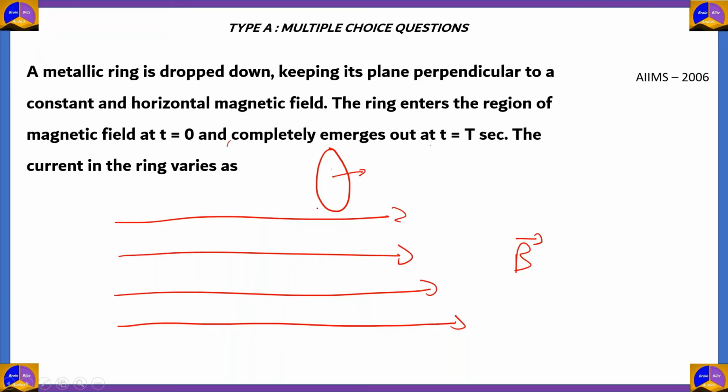What I meant is that when the ring is dropped down, it's dropped in such a way that the magnetic field lines pass through it in a perpendicular manner.